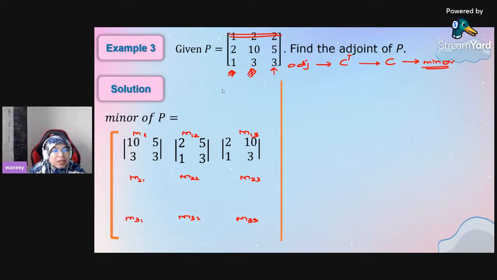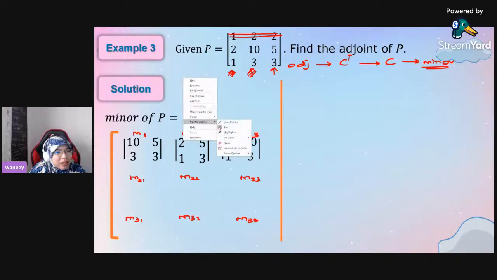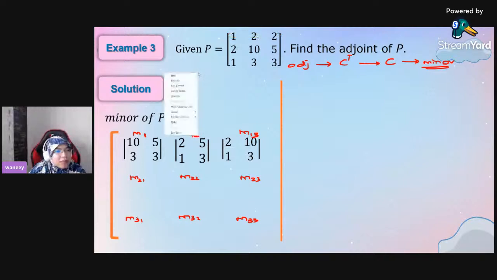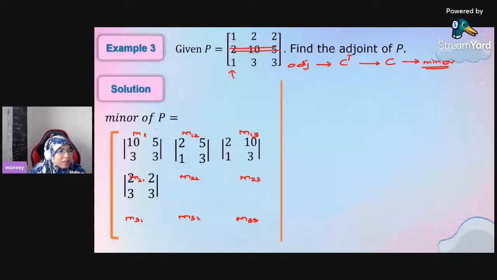Okay, so repeat for M21. But now we have to delete the second row. So let us erase this a little bit. Okay, so deleting the second row. And now delete the first column. So we are going to get 2, 2, 3, 3.